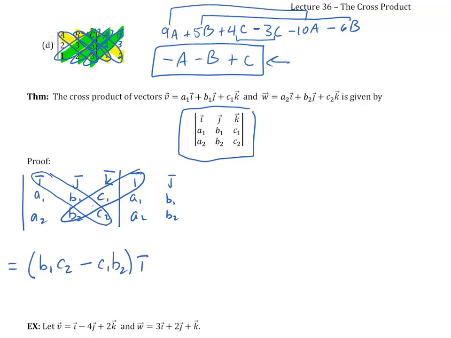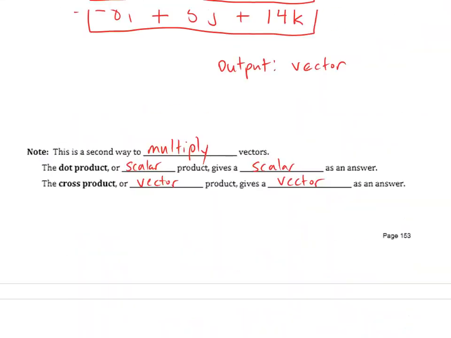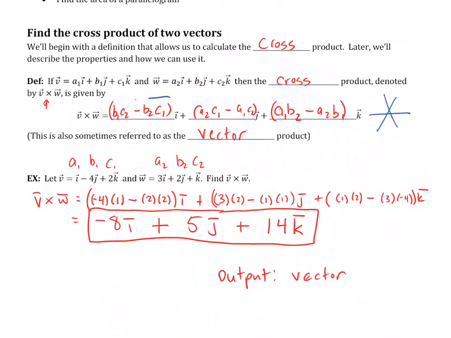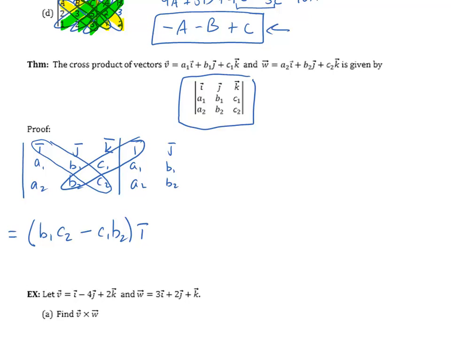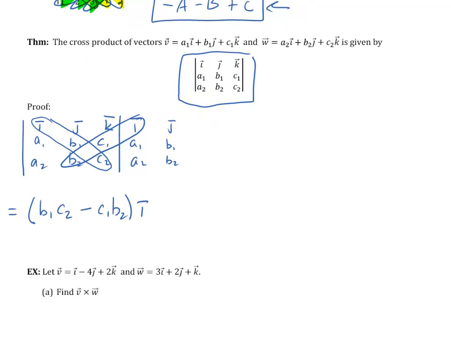It's because you would get B1 C2 I and B2 C1 I, and you're subtracting the back diagonal from the forward diagonal, which is exactly, and I'll just scroll us back up here to see it, exactly what I had right here. B1C2 minus B2C1. B1C2 minus C1B2, or B2C1.